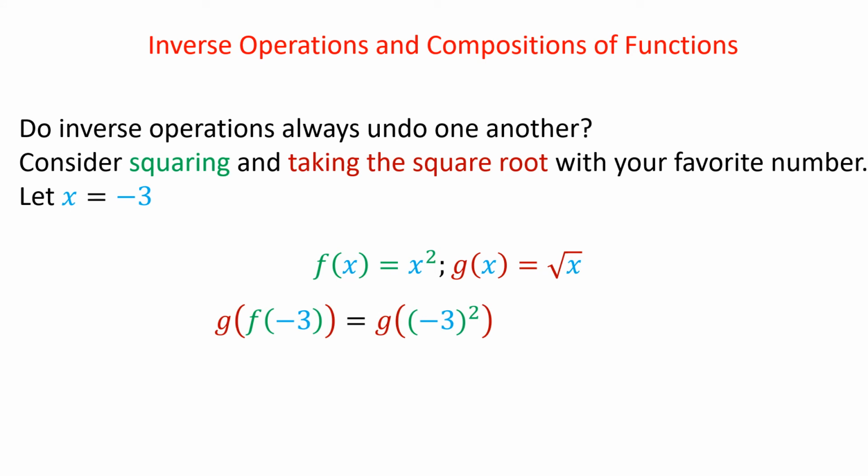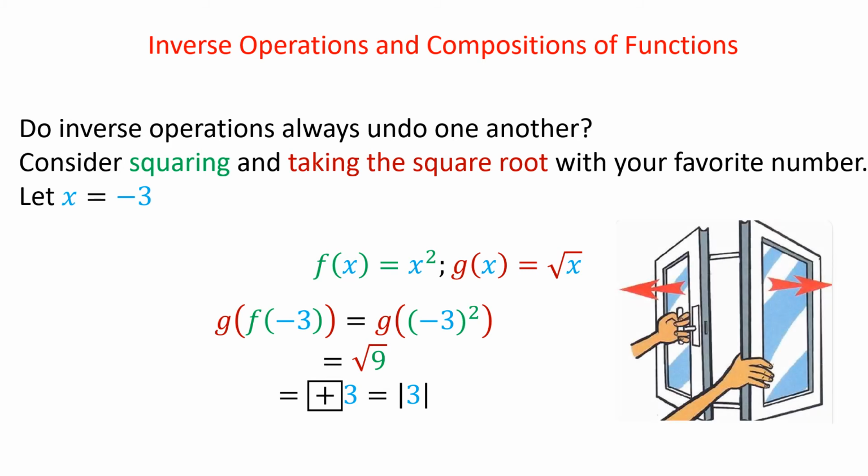So insert -3 into the f function, and what comes out? +9. Now take the square root of +9, and what comes out? +3. Therefore, we're looking at the absolute value of whatever it is that we plugged in. So inverse operations do not always necessarily yield the same value that we began with.